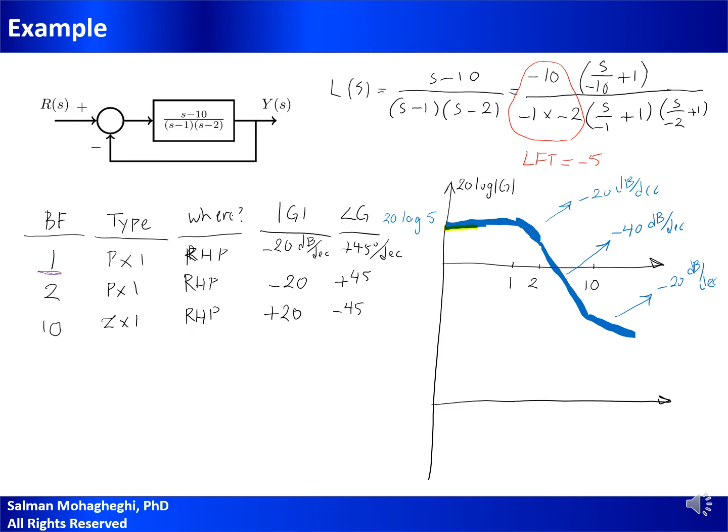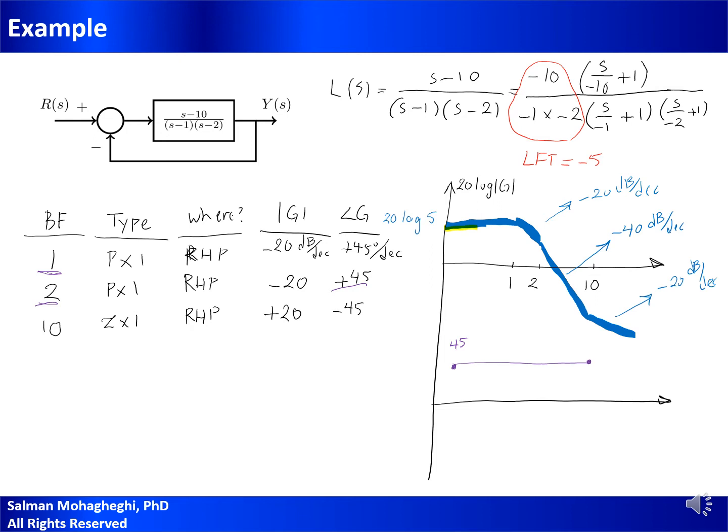I know that I have a slope of plus 45 degrees per decade between 0.1 times the break frequency and 10 times the break frequency. So let's say it would be from 0.1 to 10. This is going to be plus 45 degrees per decade. The second break frequency is 2, so I will have a phase of plus 45 that goes from 0.2 to 20.